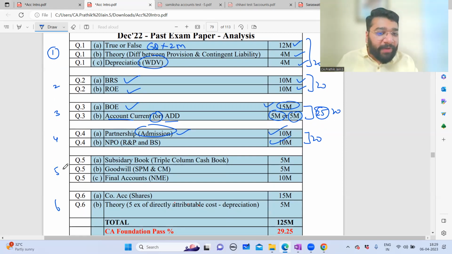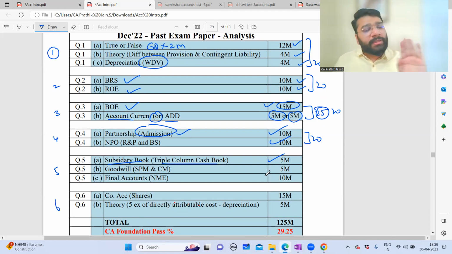So question number 5, subsidiary book, triple column cash book. They've asked for 5 marks. Now here there is a catch. State board people, matriculation people, whatever you studied in your 11th standard, subsidiary book, same thing is there. CBSE, there is a problem. We have studied single column and double column cash book, and the method we studied is not applicable here.